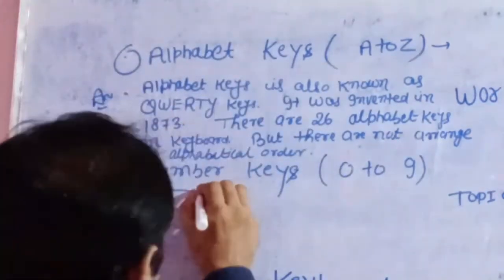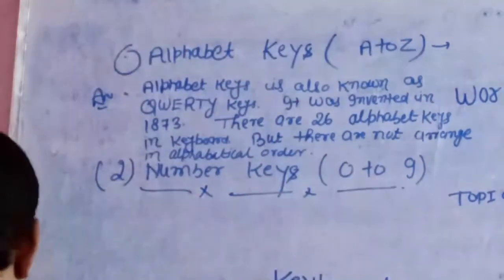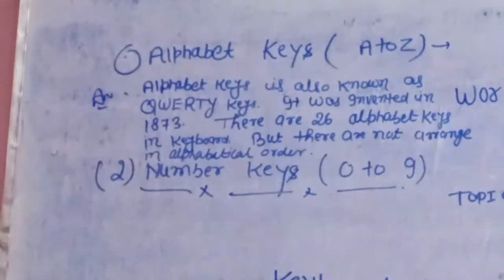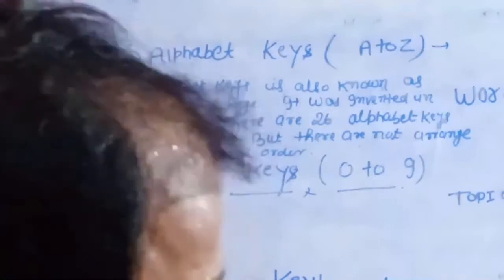What is the number key? This is the number key. These are all 0 to 9.